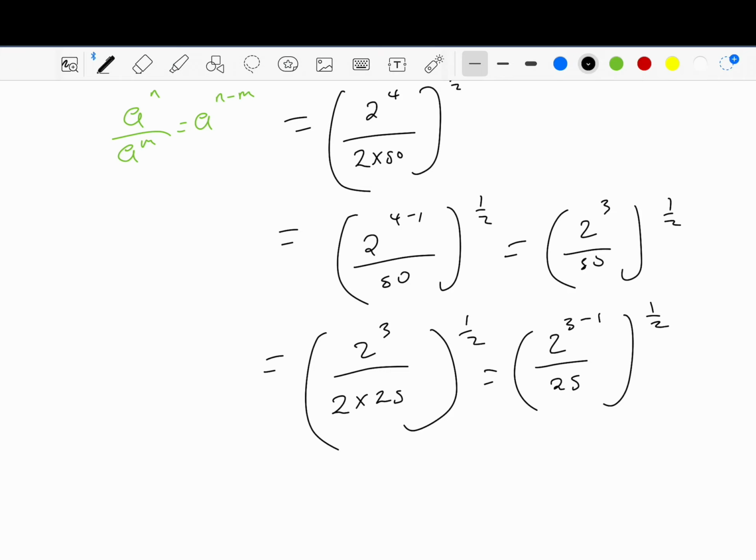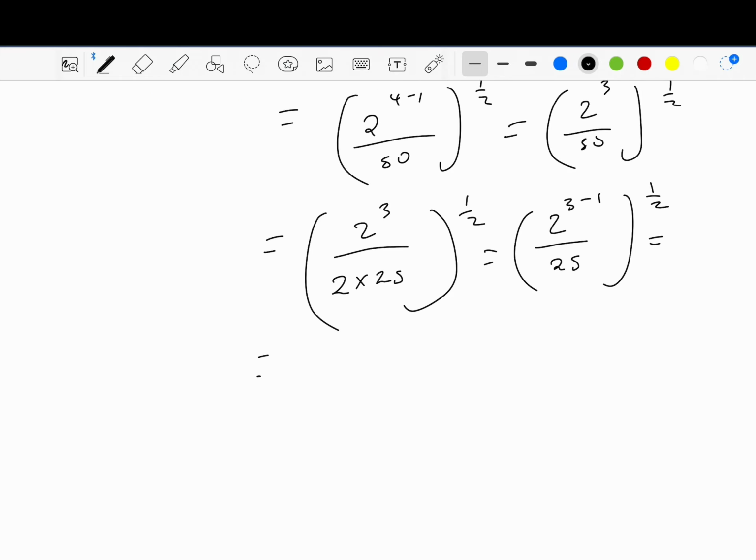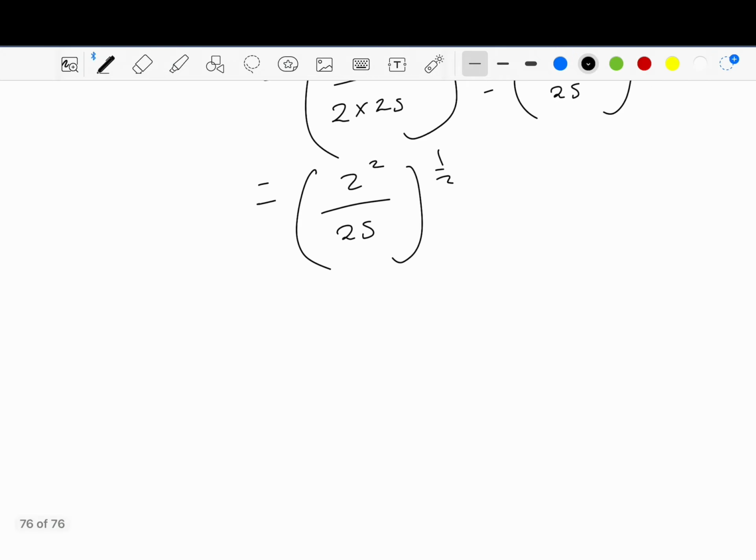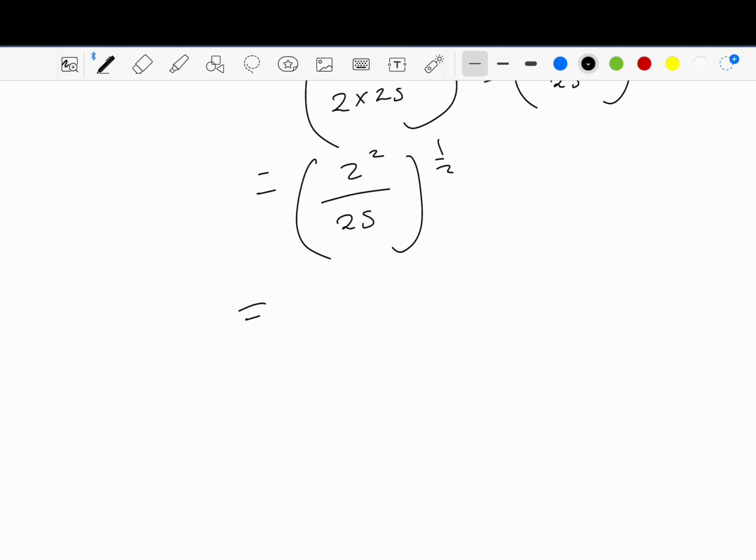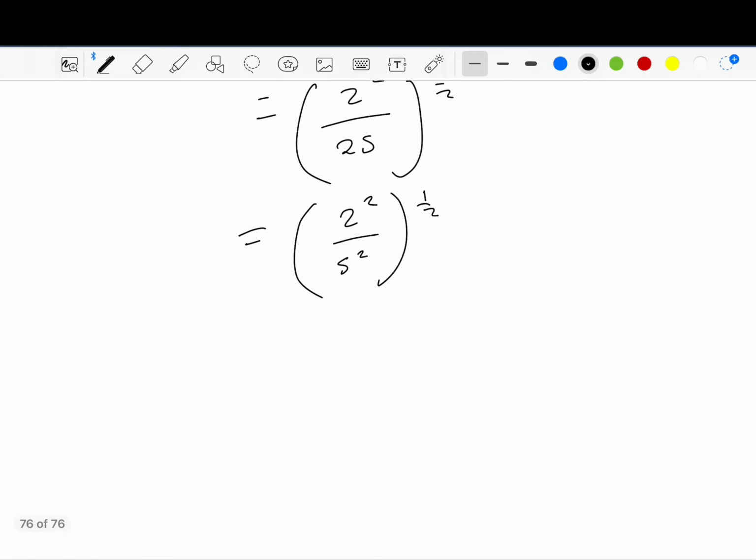And this is 2 power 2 over 25. Okay, still makes sense? I mean, you can still simplify 25 further. We know 25 is 5 squared, right? 5 times 5 is 25. So we can just write it like that. So 5 squared.